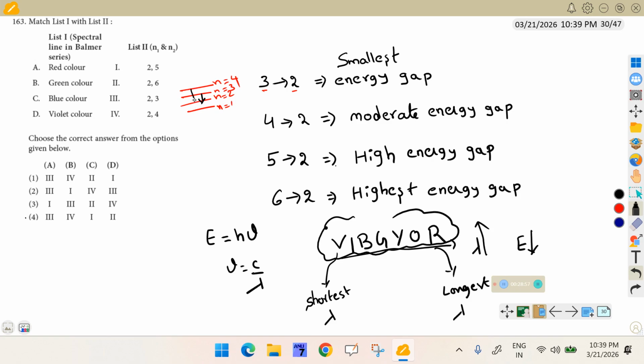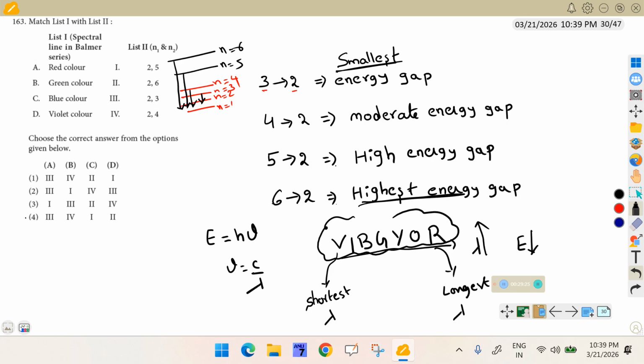Next case, from 4 to 2. Next, from 5 to 2. After that, from 6 to 2. So 3 to 2 is the smallest energy gap, 6 to 2 is the highest energy gap.